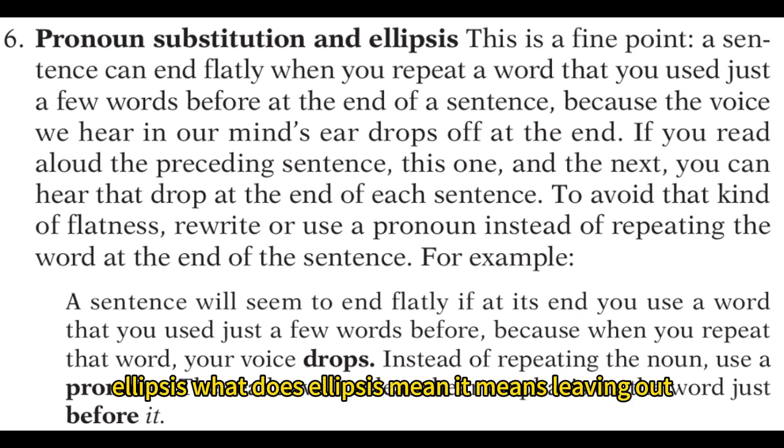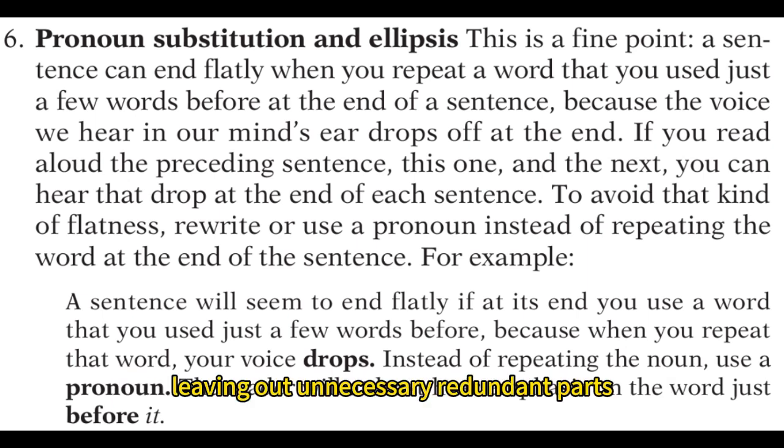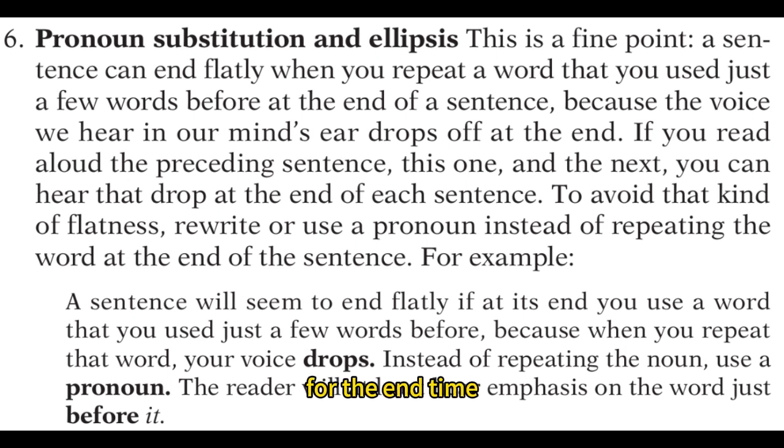And of course, device number 6 is use pronouns and ellipsis. Ellipsis, what does ellipsis mean? It means leaving out unnecessary, redundant parts. Again, like we mentioned previously, and for the nth time, the English language has many fears. One of the deepest fears is about repetition.